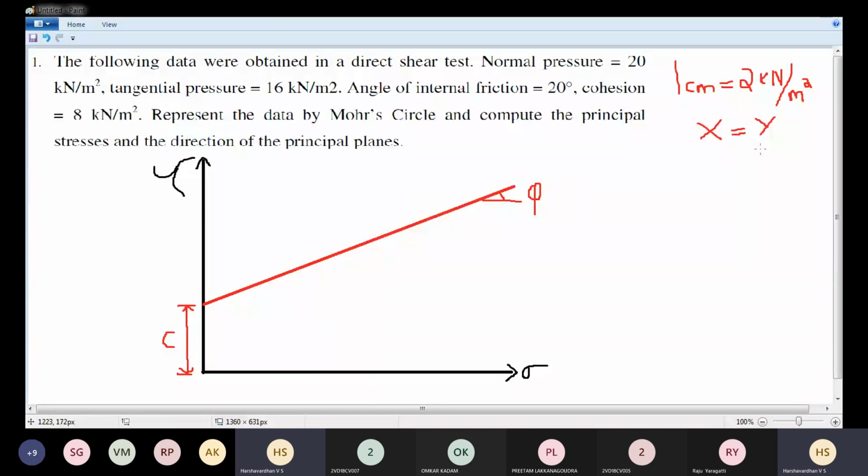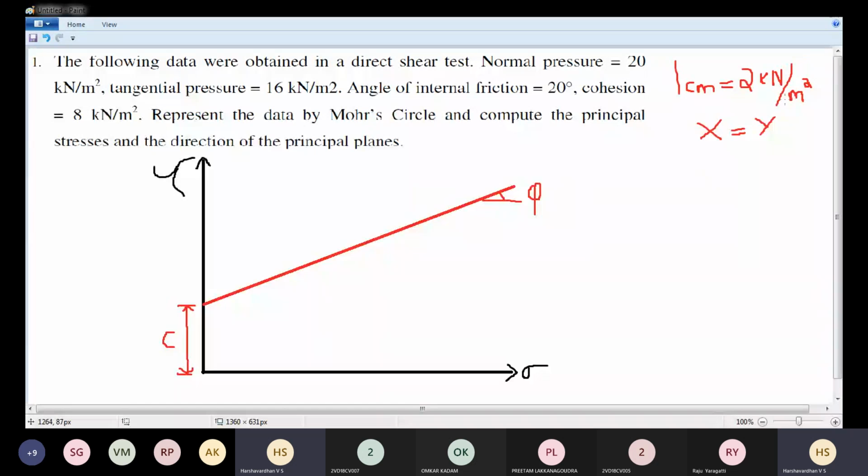If 1 centimeter is equal to 2 kilonewton per meter square on the x-axis, then on the y-axis also you must have the same scale. This is a very important point.